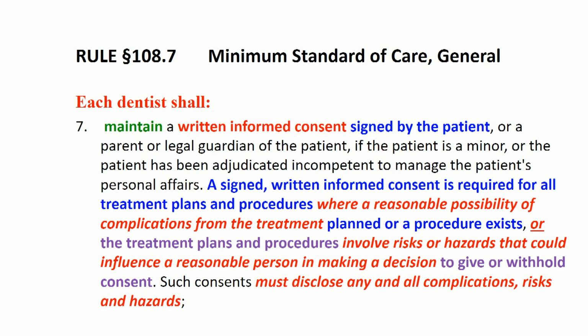They tell you what they expect, that the informed consent needs to describe the risks and hazards that could influence a reasonable person and must disclose any and all complications, risks, and hazards. But beyond this description and this guideline, the dental board does not give you any specifics on any particular type of informed consent or any particular type of treatment and how that informed consent should look.